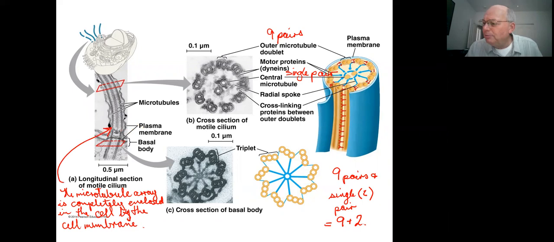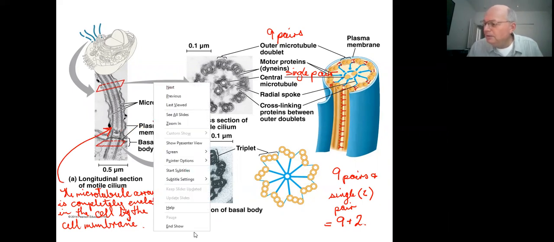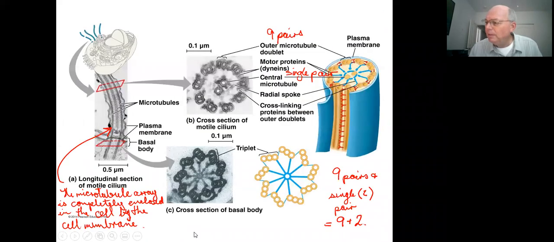So there's the plasma membrane. So you need to bear in mind that the plasma membrane completely surrounds the microtubule array that form the cilia and flagella. So these really should be considered as extensions of the cell proper and extensions of the cytoskeleton, because remember, the microtubules are a central component of the cytoskeleton.